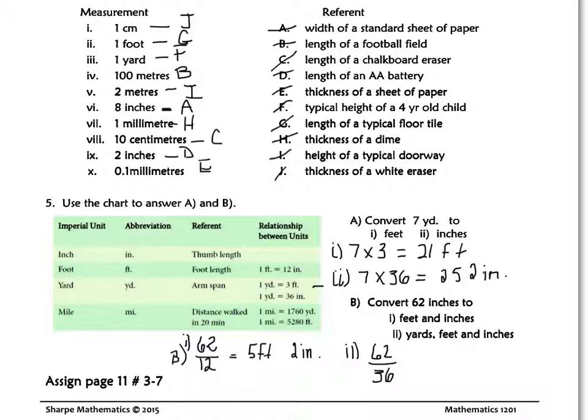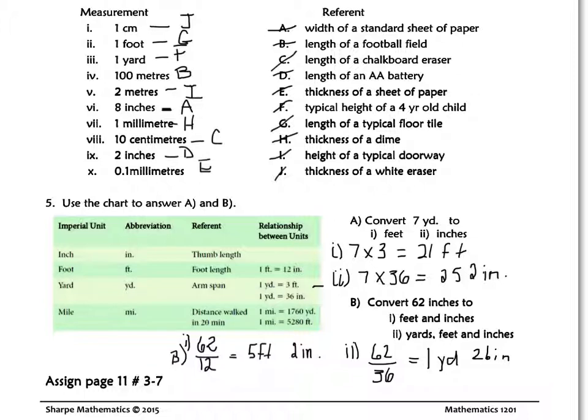So 62 divided by 36 is 1, with a remainder of 62 take away 36, which is 26 inches. So it's going to be 1 yard and 26 inches left over.